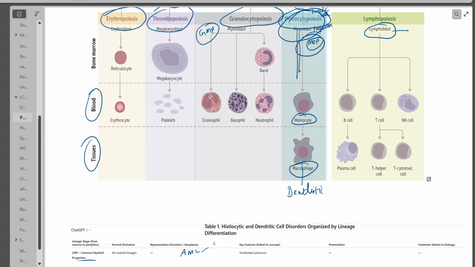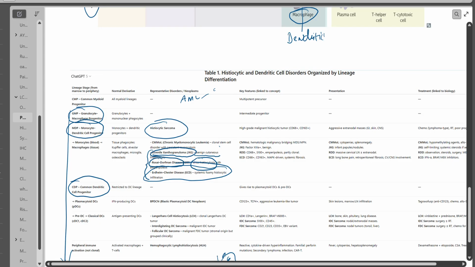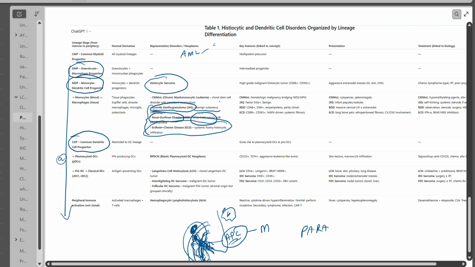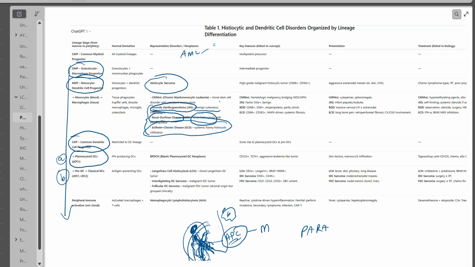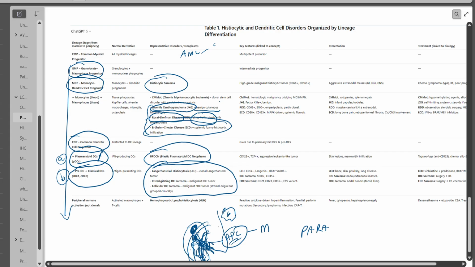So when you have the common dendritic progenitor, it can go into one of two pathways, pathway A or pathway B. Pathway A will be the plasmacytoid dendritic cell and pathway B will be the pre-dendritic cell, classical dendritic cell pathway. So if you have a malignancy in the plasmacytoid stage, you have BPDCN. And if you have a malignancy in the classical dendritic stage, you have Langerhans cell histiocytosis.